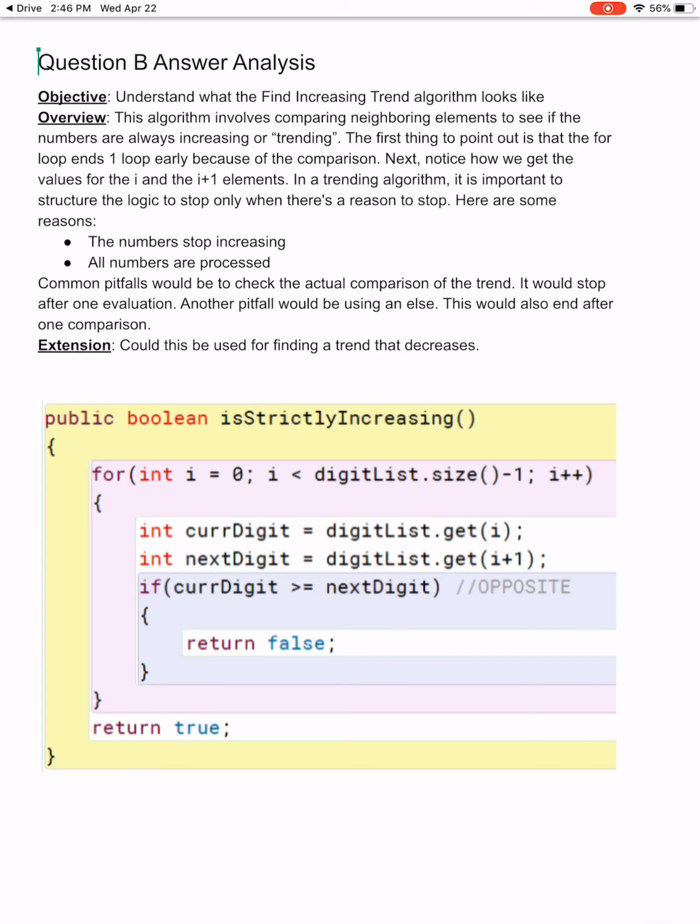Okay, so the first thing I wanted you to be able to notice is in the for loop. We start at 0, which is perfect for an ArrayList. But notice how in the end we go to the size minus 1. This is very important. To get to the size minus 1, we actually are stopping early. The reason that's important is because when we're making comparisons, for example, i and then i plus 1, or 0 and 1, we're comparing those two values.